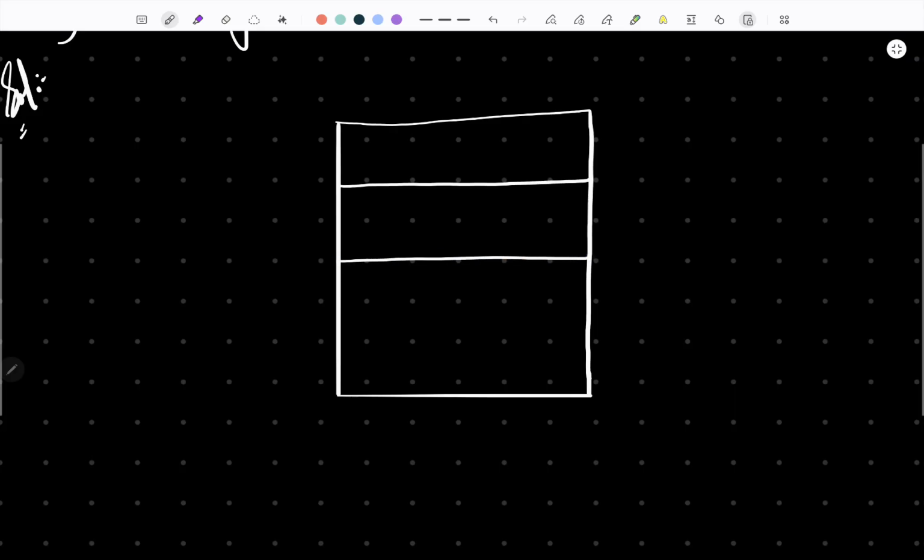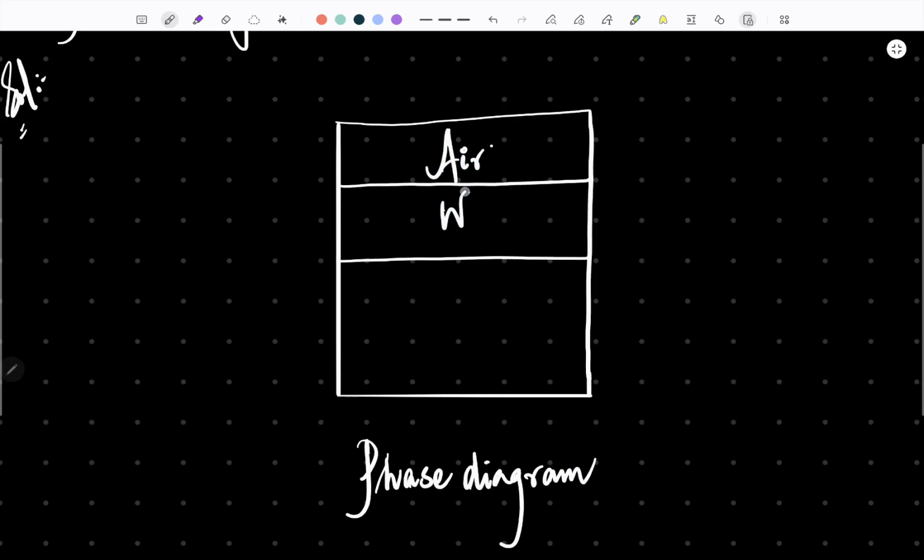And this is the soil solids. This is the phase diagram. Air, water, soil solids. All right. We'll be writing weight from this side and volume from this side.